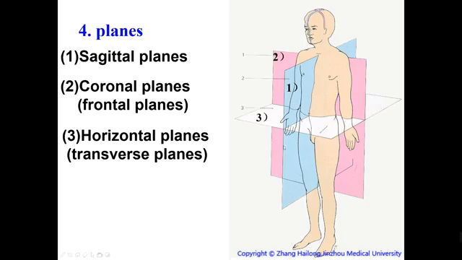The sagittal plane is the blue plane. As I just introduced, there is a sagittal axis from anterior to posterior, and this plane passes across this line and runs from top to bottom.